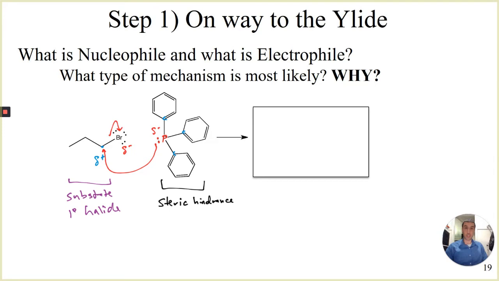The result is that we would get a god-awful looking structure with our phosphorus connected and then the phenyls, which we could abbreviate as Ph, connected on the outside. That phosphorus has now donated electrons. It should become formally positive. And we can highlight that as a new characteristic because it's new.